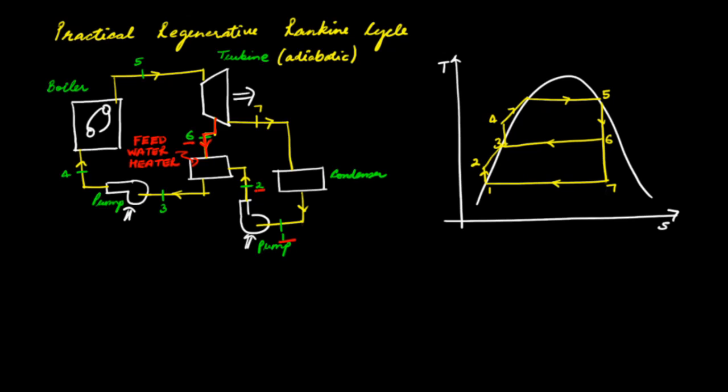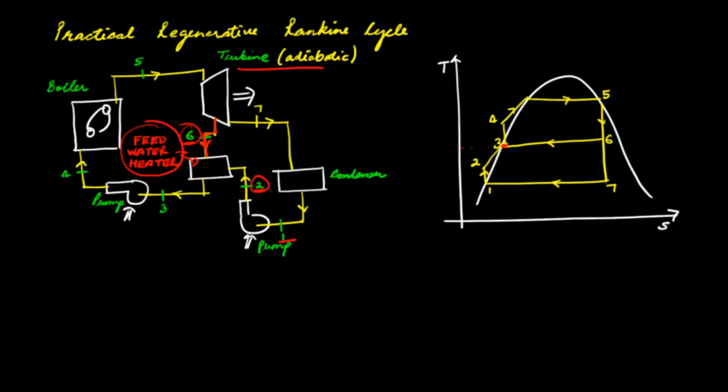And then these streams of extracted steam and the fluid at state 2 are mixed in this device called the feed water heater, and the resulting fluid is at the saturated liquid state at a pressure that is between the condenser pressure and the boiler pressure, and thereafter it is pumped to a higher pressure and fed into the boiler, and the vapor exiting the boiler is expanded in this adiabatic turbine to do work.